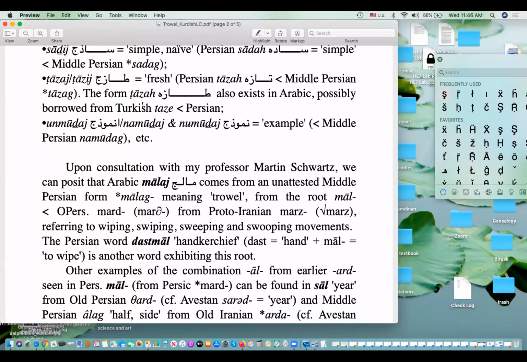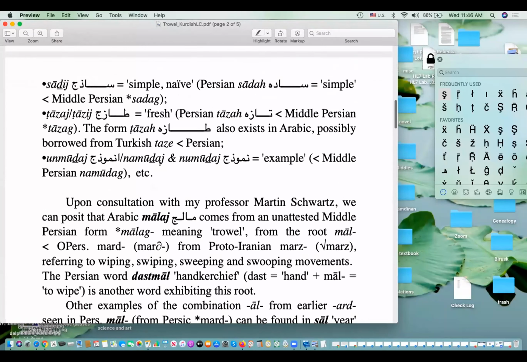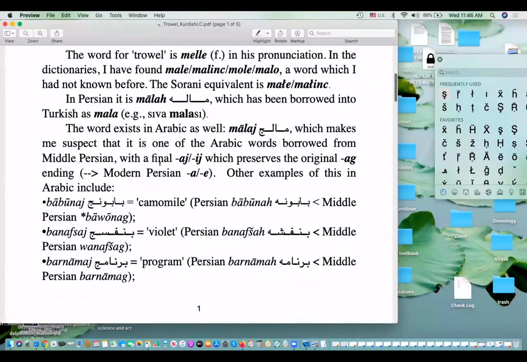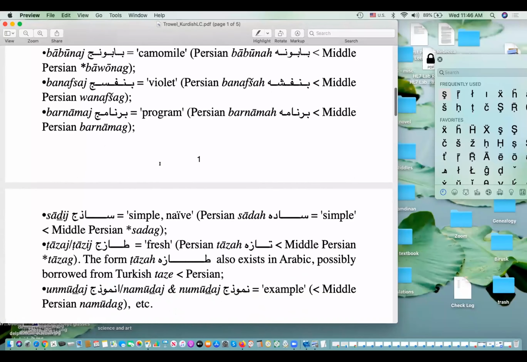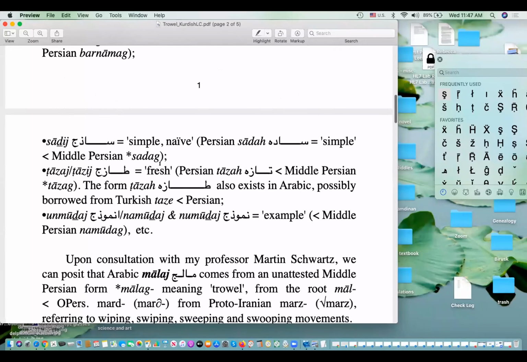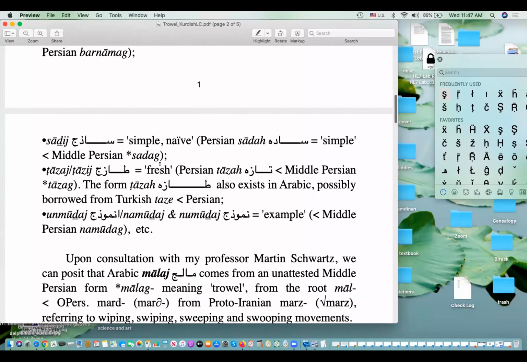The form taza also exists in Arabic, possibly borrowed from Turkish taza, which again in turn is from Persian taza. And unmudaj, namudaj or numudaj, from Middle Persian namudag. So this malaj fits right in with these Arabic words which preserve a Middle Persian ag ending.